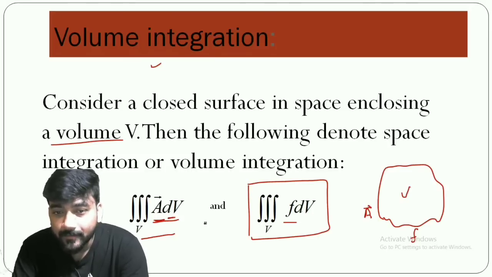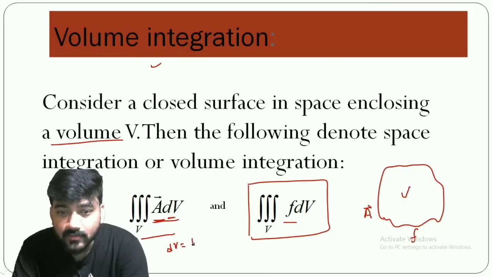In the Cartesian coordinate system, dV is just dx dy dz. In spherical polar coordinates, dV is r squared sin theta dr d theta d phi.